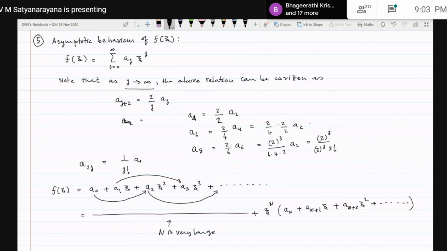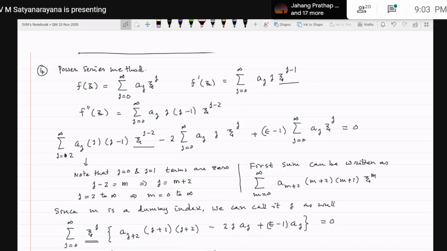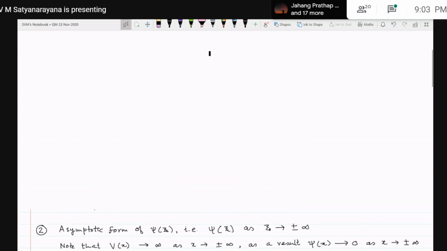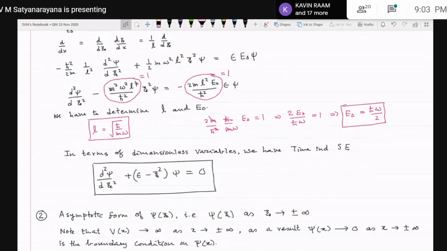Now what I'm trying to say is that in general, the recurrence relation that we have talked about, let me just show that.